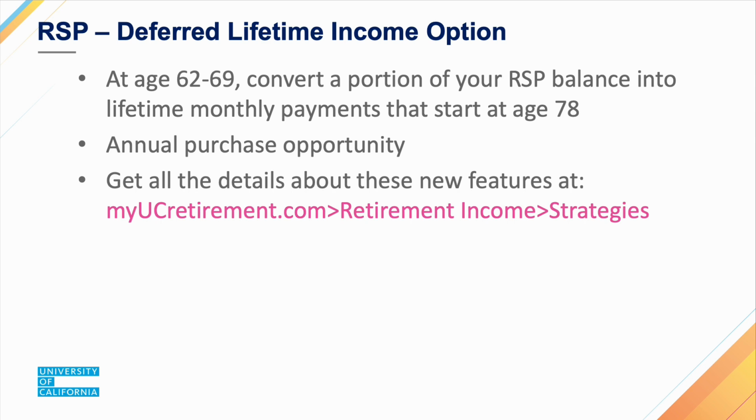You can even elect an option to provide a joint and survivor annuity to provide lifetime monthly income for yourself and your spouse. For more details about this option, including plan limits and when the annual window opens, please visit myucretirement.com and select retirement income, then select strategies for more information.